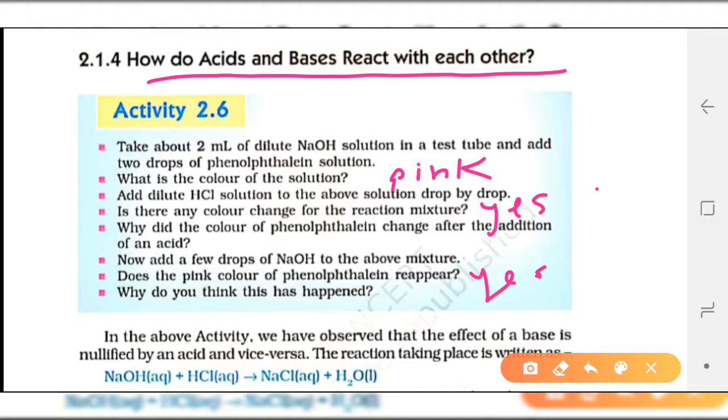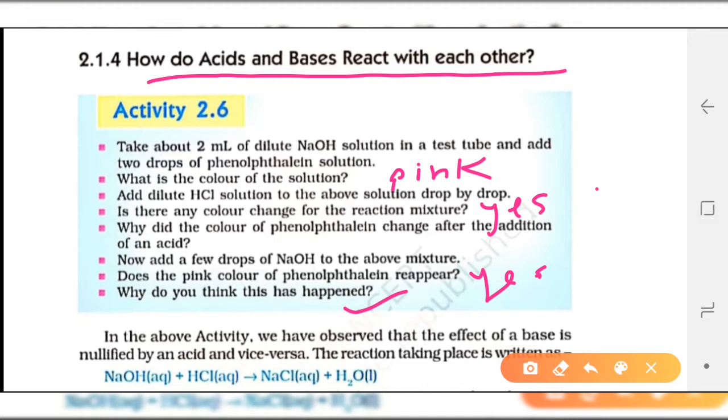Why do you think this has happened? Because after addition of a few drops of NaOH, the mixture becomes basic, and in basic solution phenolphthalein changes its color to pink.